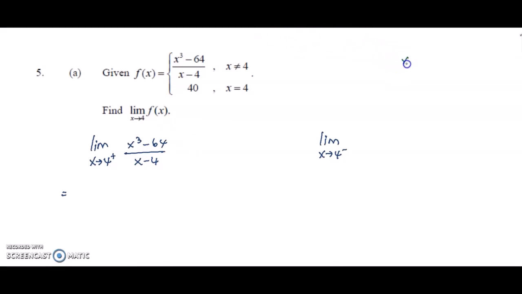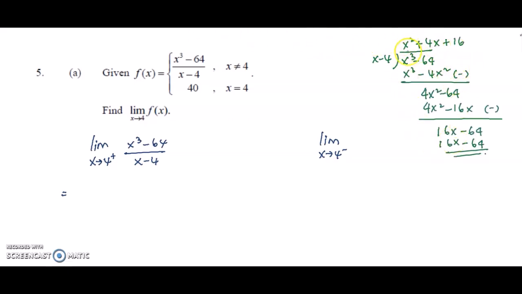You can take the x cubed minus 64 divided by the first factor. The first factor will be x minus 4, because when you substitute 4 inside, you get 0. So the 0 will be 4 and x minus 4 will be the factor. So very quickly, we'll do the long division.